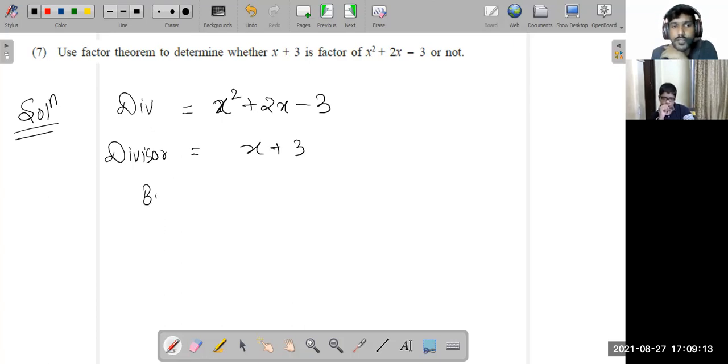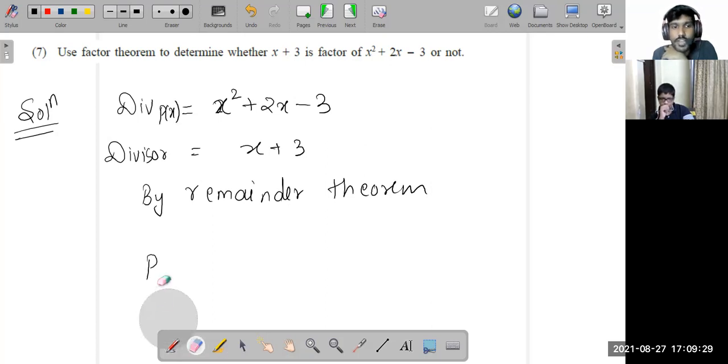Okay, so by remainder theorem, we will use the remainder theorem. This will be p(x). So in place of x, what do we have to substitute?